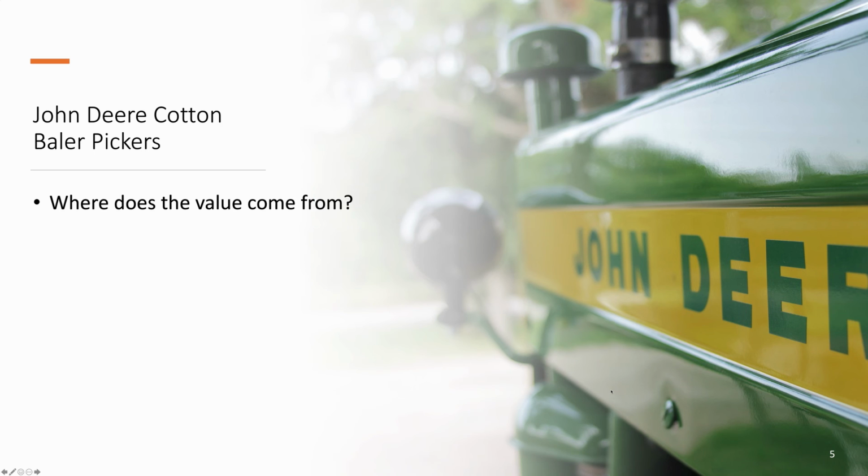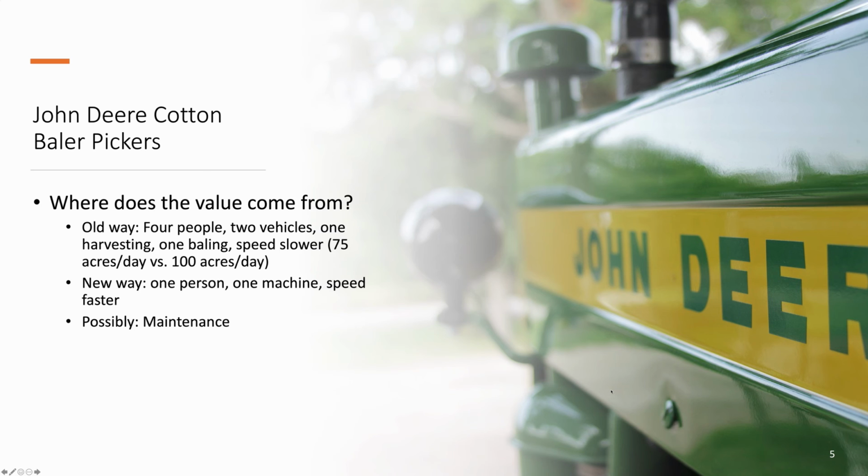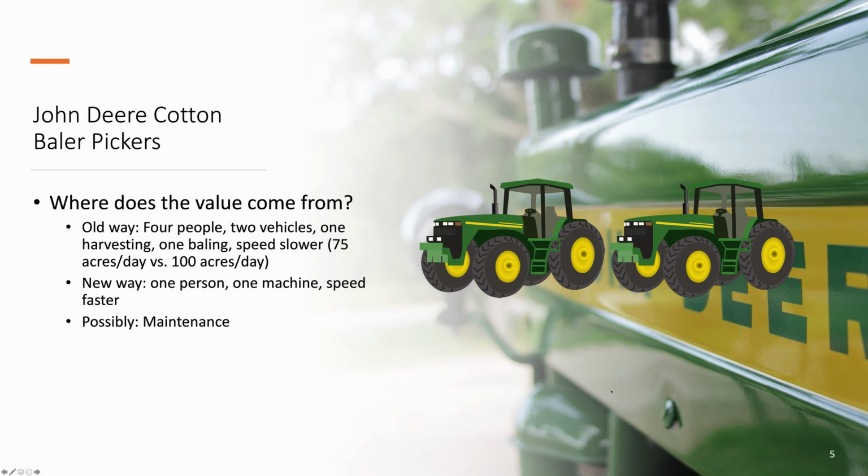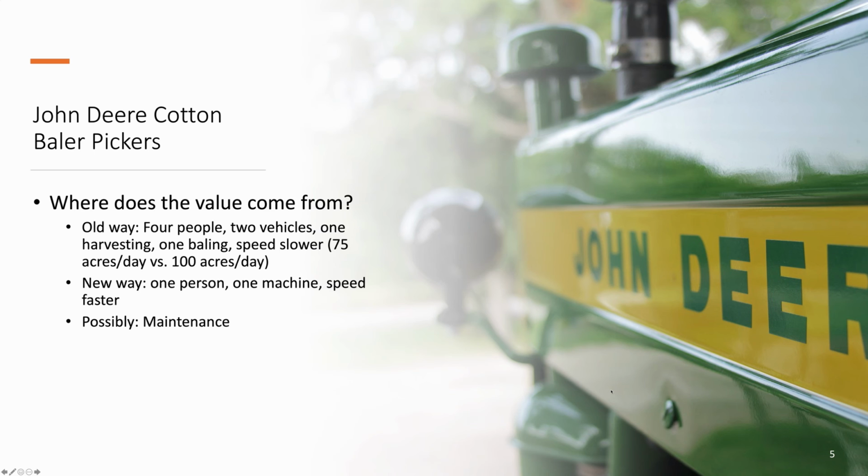So in the case of this machine, if you have paid attention to the information provided in the video, it mentions that this cotton baler replaces the old way to harvest cotton, which requires 4 people and 2 vehicles, one for harvesting, one for baling. And the speed is much slower, let's say 75 acres a day versus the new machine at 100 acres a day.